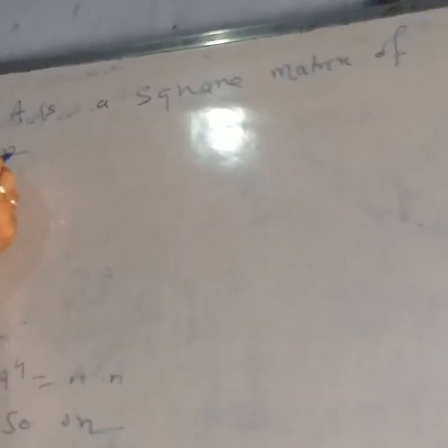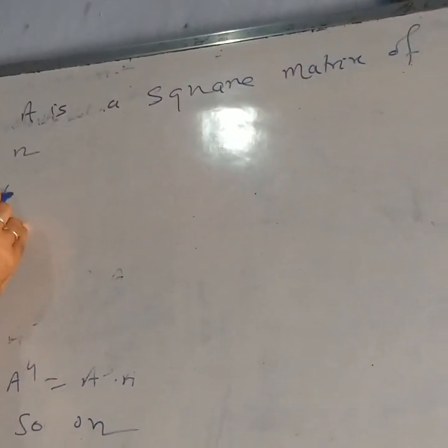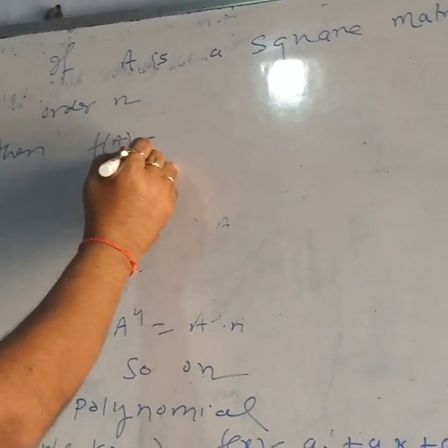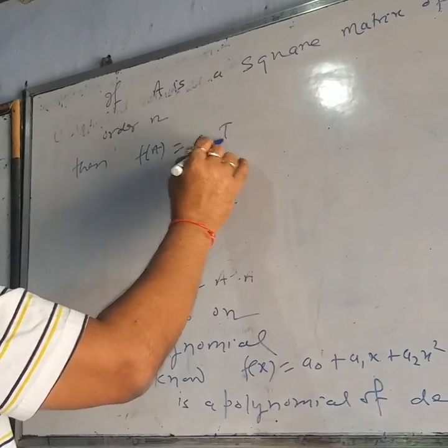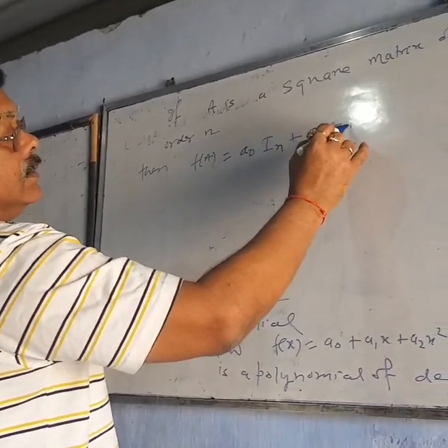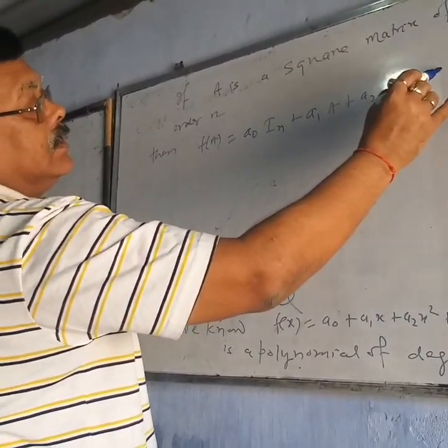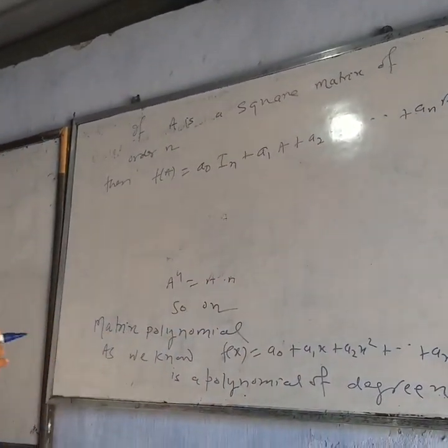then f(A), the matrix polynomial on matrix A, is equal to a0 In + a1 A + a2 A square, up to an A to the power n.